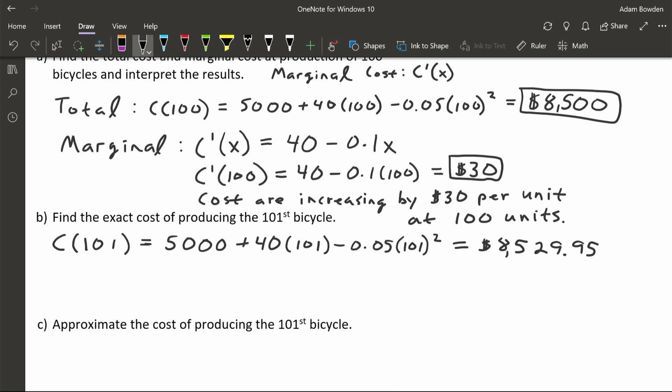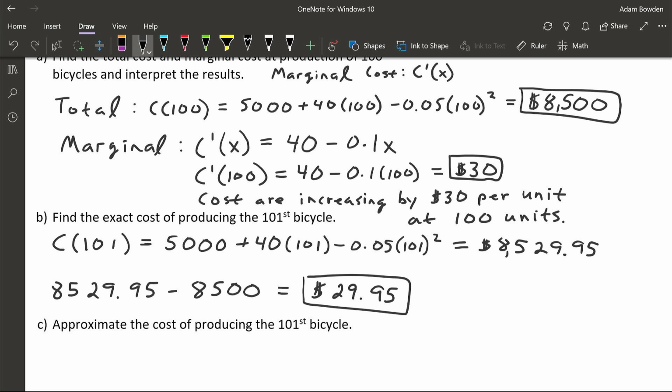If we subtract the 8,500 from above, the difference is $29.95. So that's how much exactly it costs to make one more over 100. From 100 to 101, it'll cost $29.95 more.